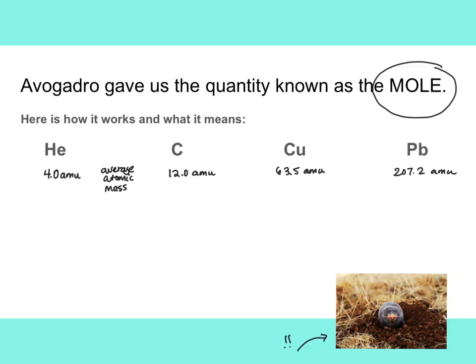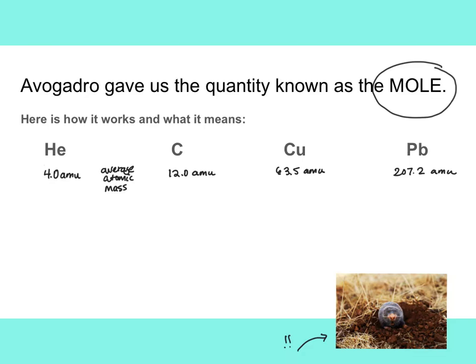So if we look at the average atomic masses for these 4 elements, just sort of selected at random, helium, carbon, copper, and lead, you will see that if you look at the periodic table, and I usually go to 1 decimal place rather than keep all the decimal places that are on the periodic table, that an average carbon atom has a mass of 12 AMUs, average helium is 4.0 AMUs, etc. You also, I hope, recall from the previous lesson in Chapter 2 that these averages are a result of averaging the masses of the various isotopes, taking into account their abundances.